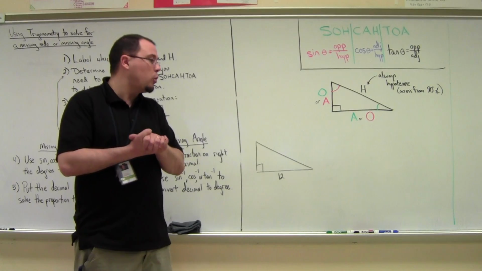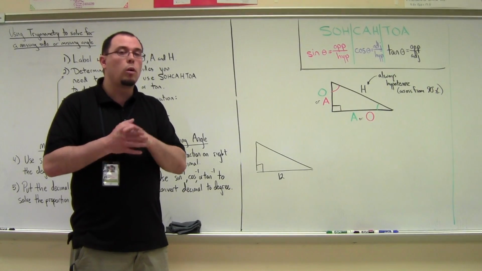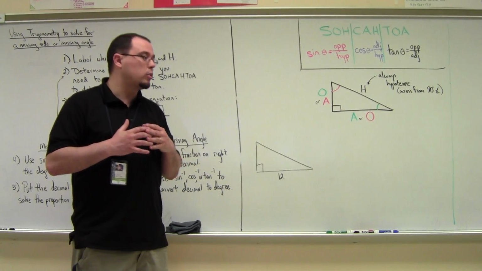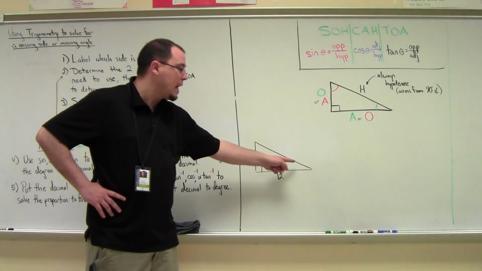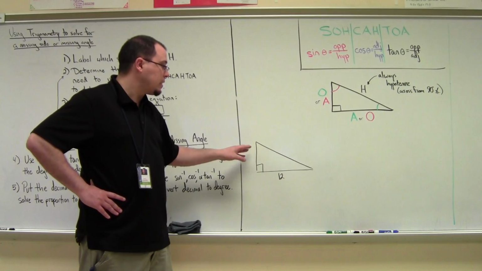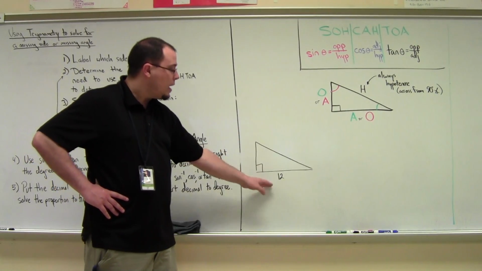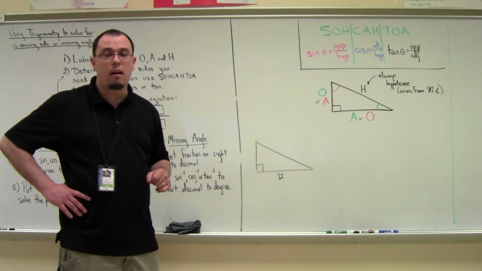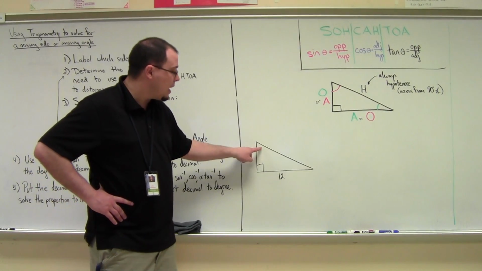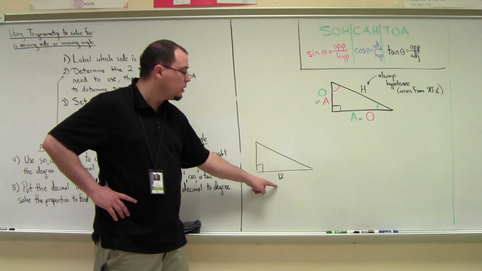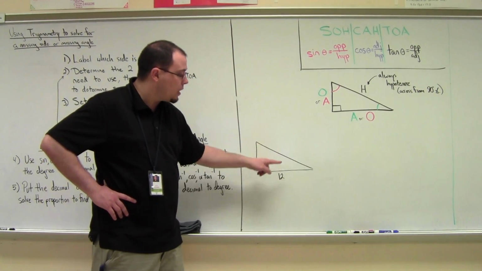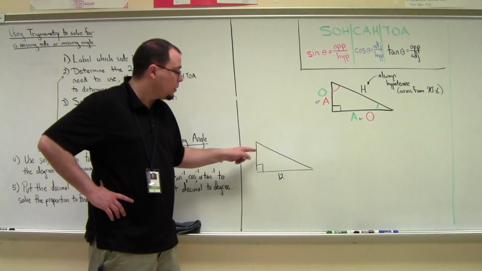Because we know what those ratios are, we've compiled those ratios, and we've been able to figure out that however big this angle might be, or that angle might be, it's going to dictate the relationship between any two given sides in this triangle. So if I tell you exactly how big this angle is, I'm going to know exactly what the ratio is between these two sides, or these two sides, or these two sides.